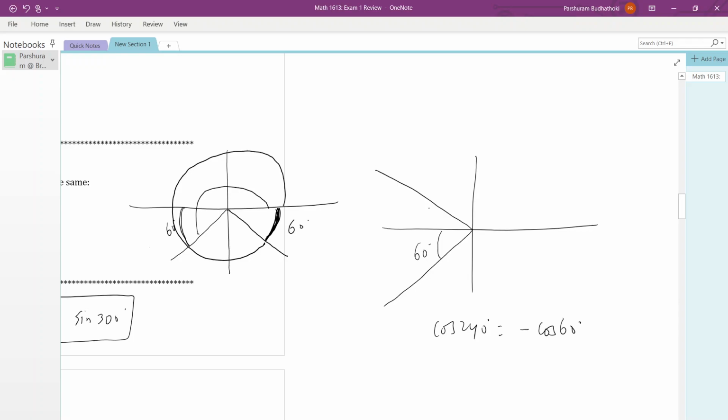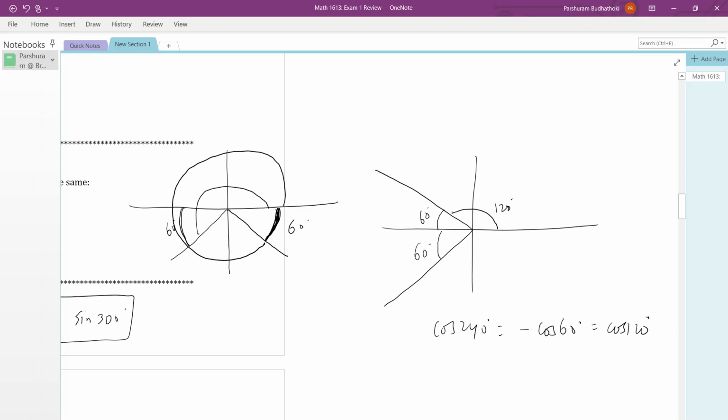If you can see, this is also 60 degrees, and if you calculate from here to here, it is 120 degrees. For 120 degrees also, this 60 degrees is the reference angle.